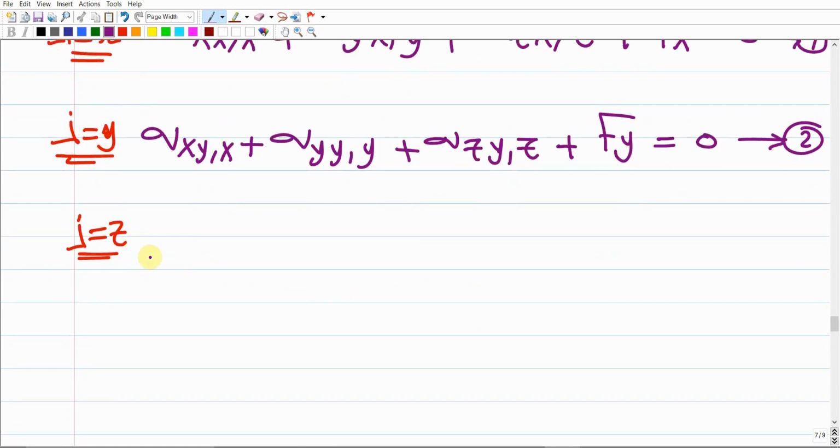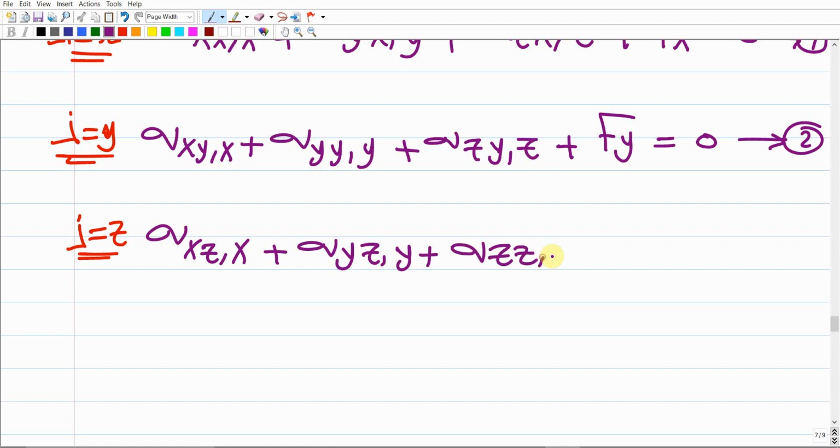Then how about the third equation? This gives us sigma xz comma x plus sigma yz comma y plus sigma zz comma z plus fz equals 0. This is the body force component along the z direction.